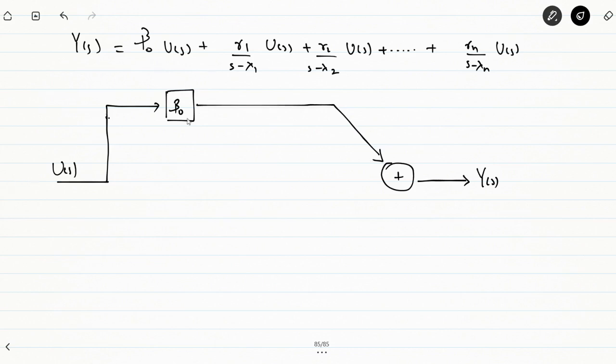So this is your beta naught U(s). After that, your second term, r1 divided by s minus lambda 1 times U(s). I can represent this in this fashion.